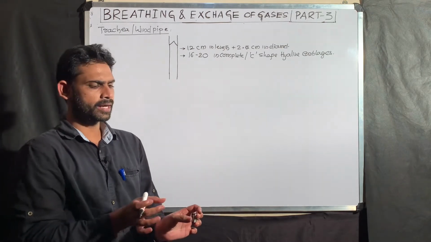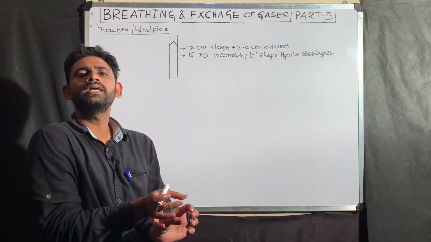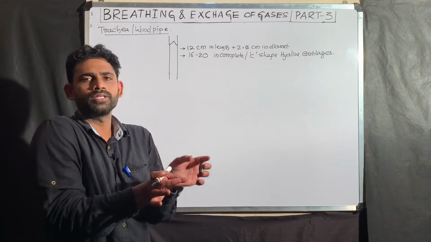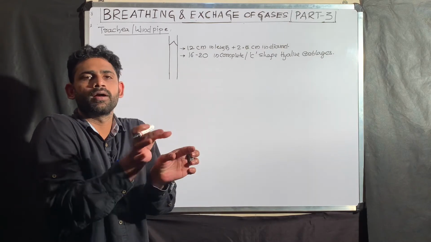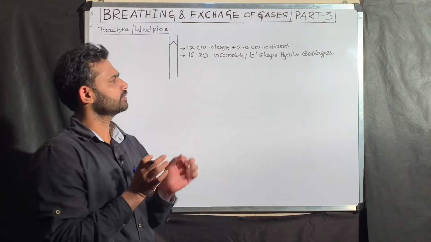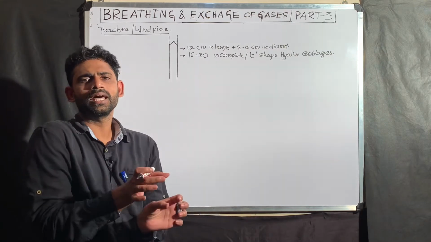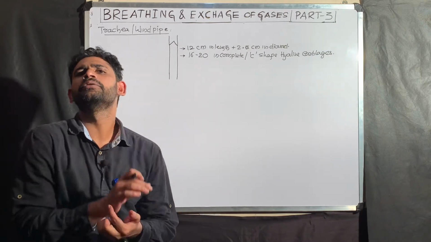These C-shaped cartilages are arranged horizontally one by one, like a stack of coins. These cartilages are connected by dense connective tissues.